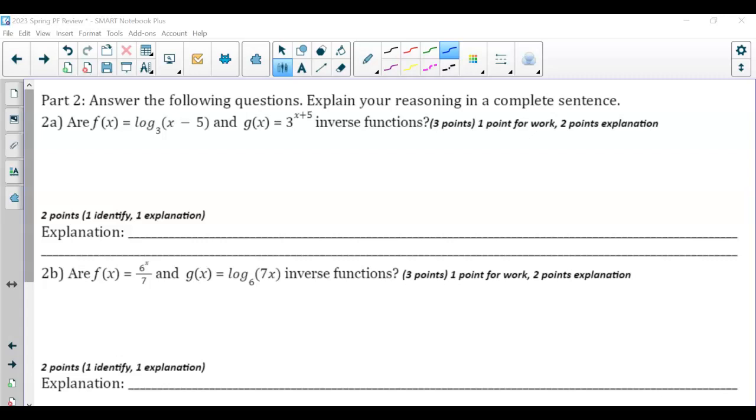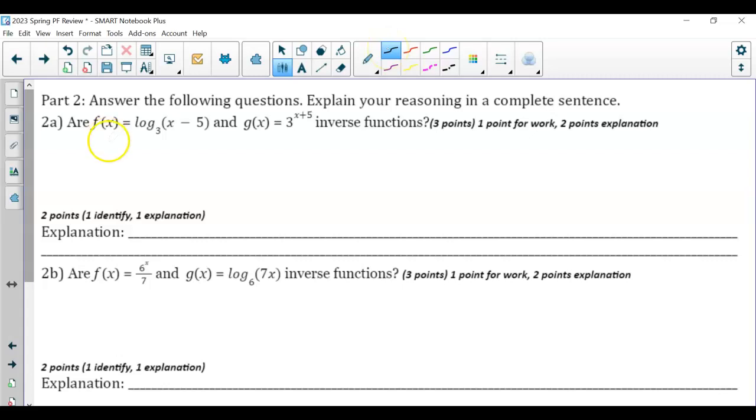And so now in part 2, we're practicing identifying if 2 given functions are inverses. So you could do the proving by composition. I'm just going to go ahead and use one of these expressions and get the inverse, just like what we did in the first part.